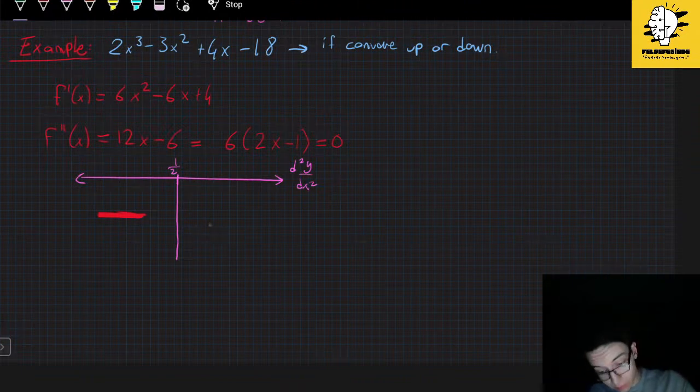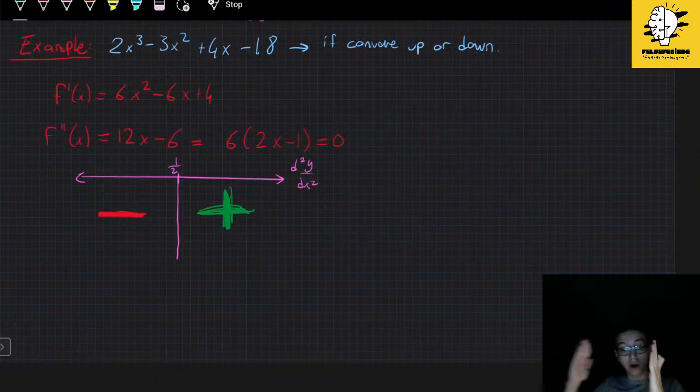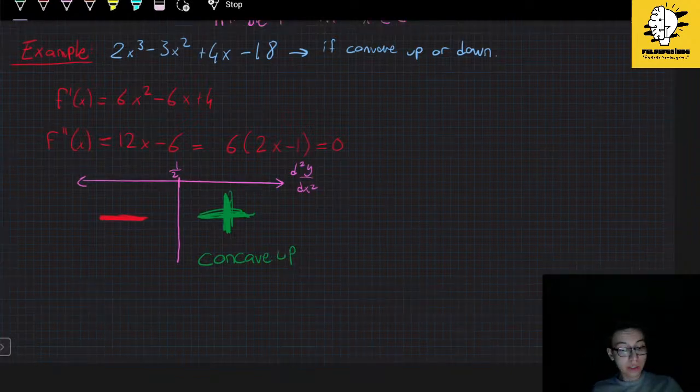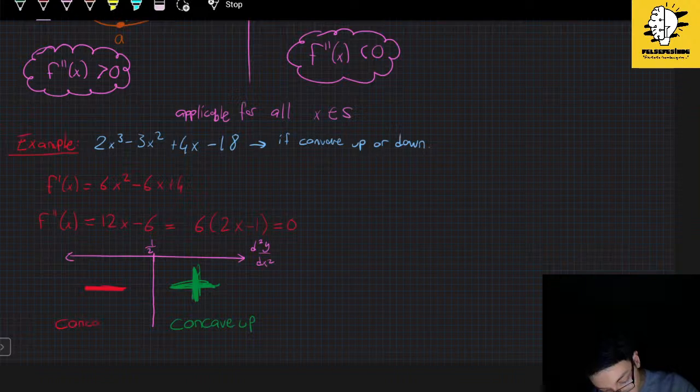So this will be positive over here. So I can see that at the points where our results are above 1/2, it is concave up, because in the rule right here, didn't we say that if our second derivative value is greater than 0, it is concave up, and here it is negative, so these parts are concave down.